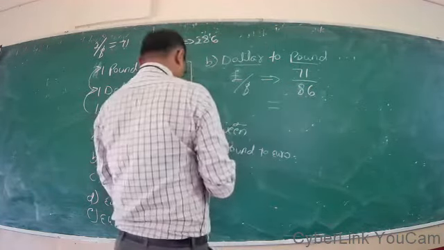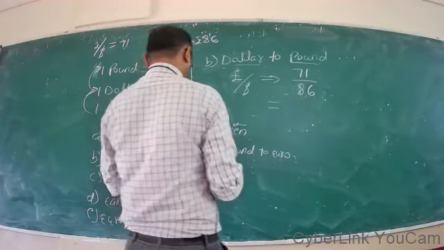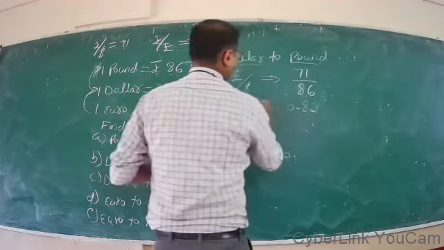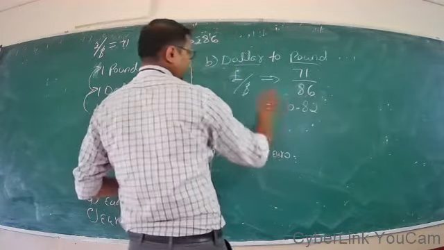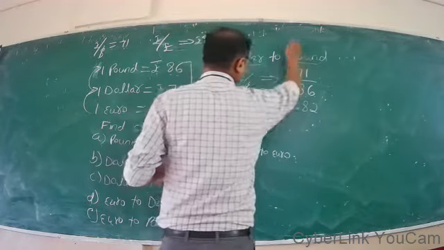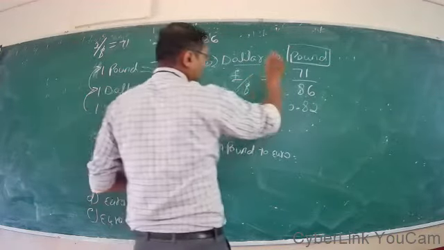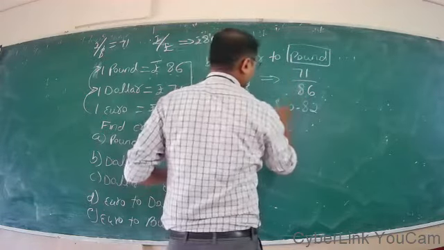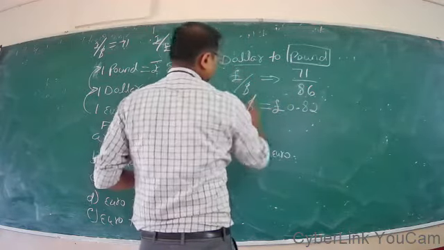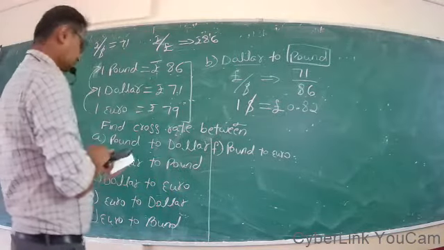So 71 divided by 86 is 0.82. The currency symbol for the answer is the second currency, the denominator. So sterling pound 0.82 is the worth of $1.